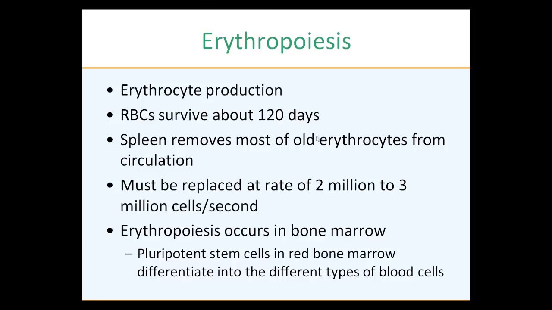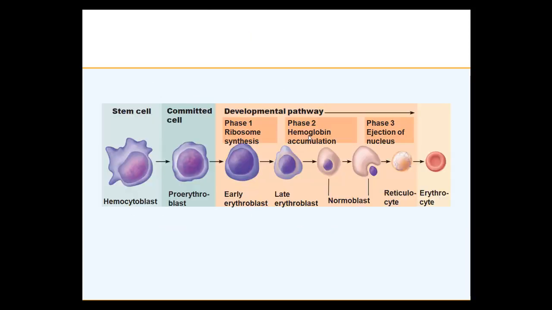Erythropoiesis, which is the generation of red blood cells, that's what we are talking about now, will start in the red bone marrow, not just any bone marrow, in the red bone marrow. The pluripotent stem cells will differentiate into the cells that will be committed to give you the red blood cells.